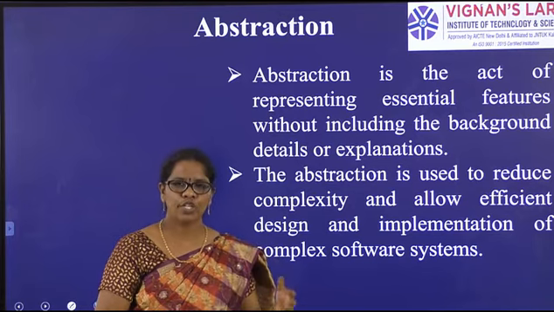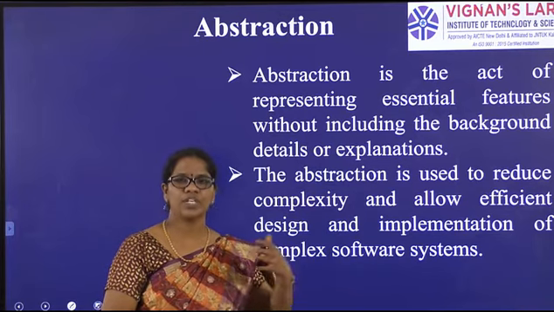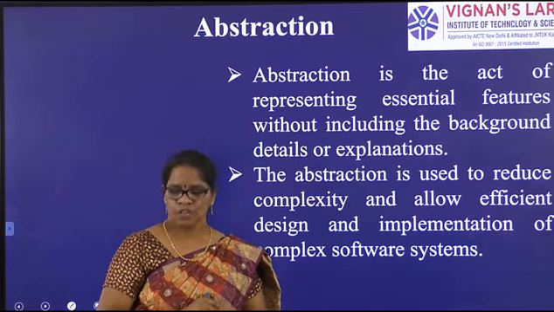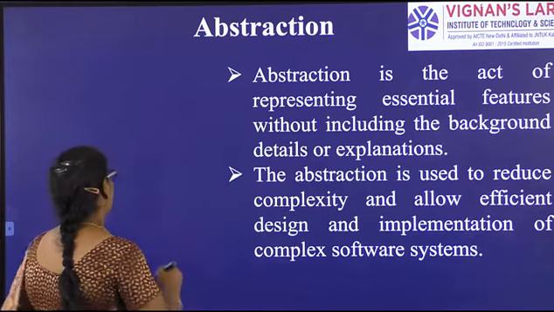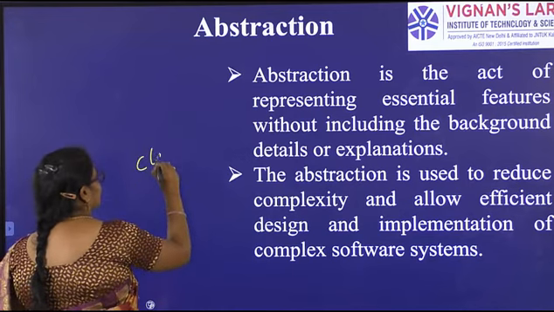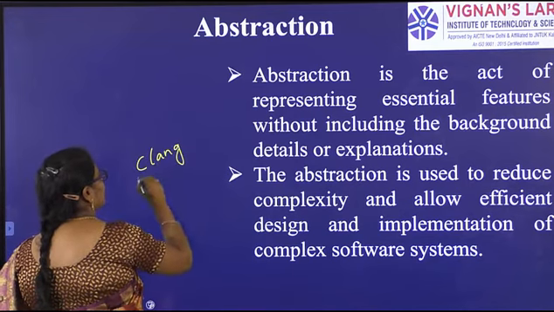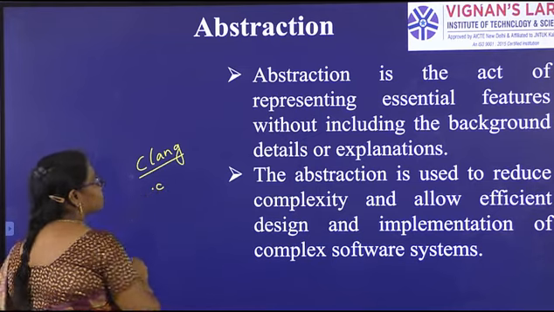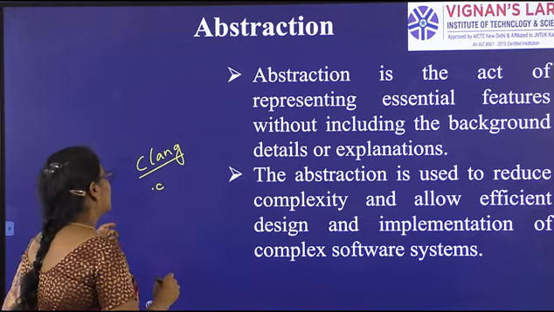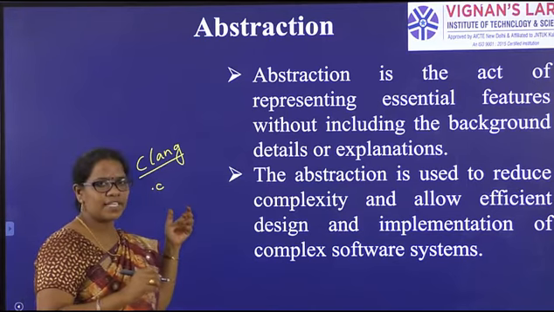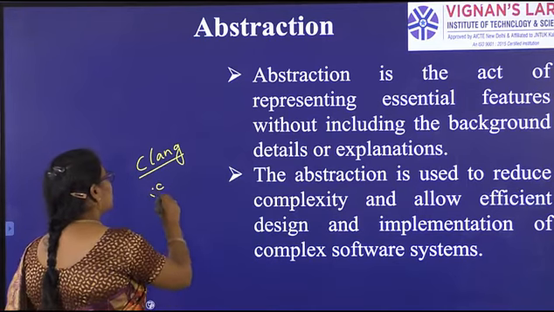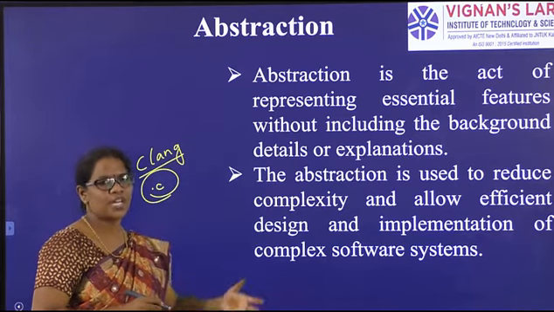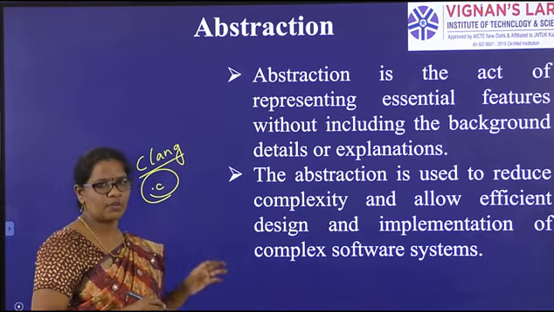Whatever code you are using in the class, whatever code you are using in the program, those details cannot be given to the outside. For example, in C language, you save the file with .c. In order to run the C language files, you have to give the .c files to the user. Then only they can run them.